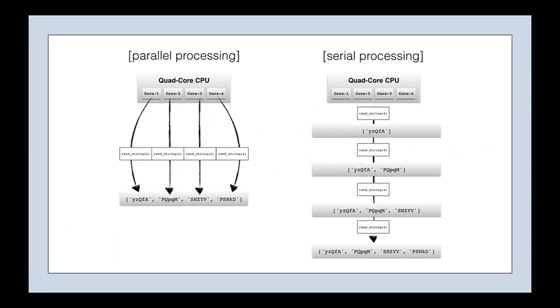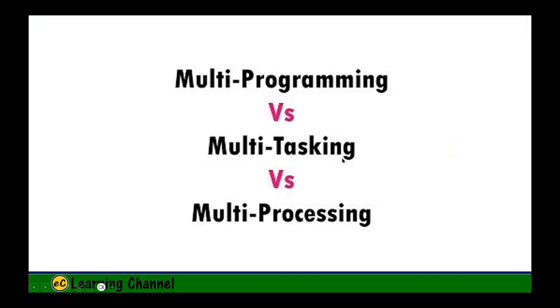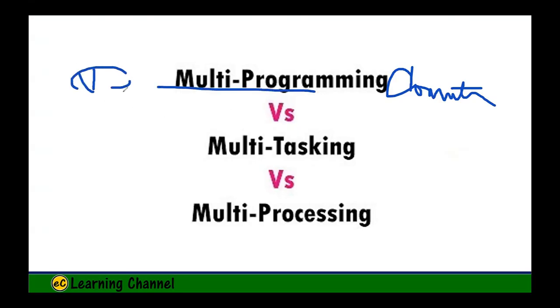And then core CPU, how you do parallelism: serial processing or parallel processing. Multitasking is you do multiple tasks on the same CPU.